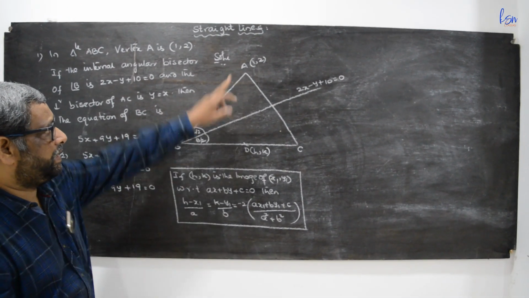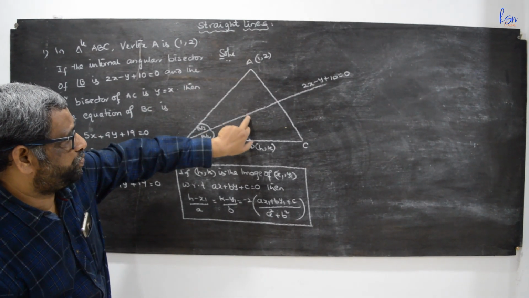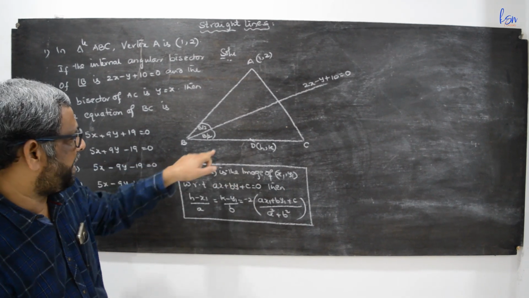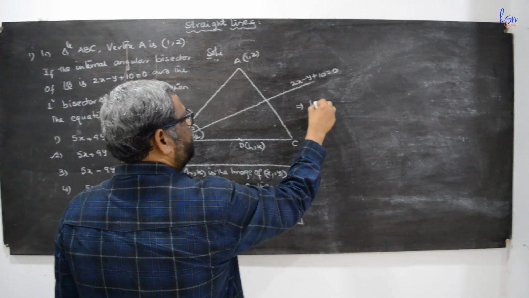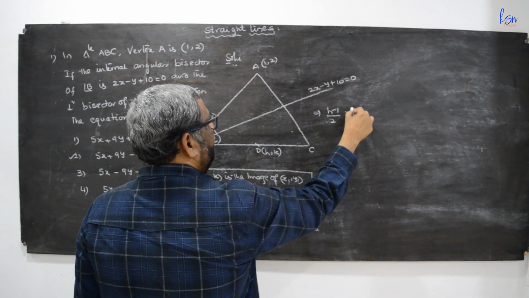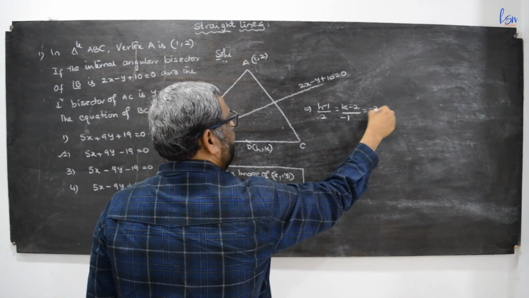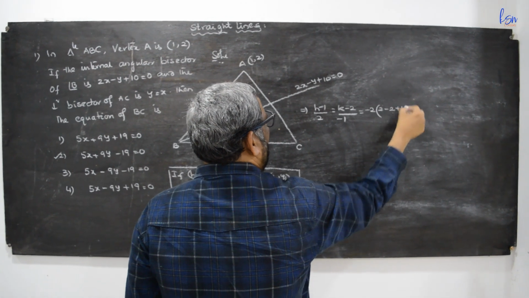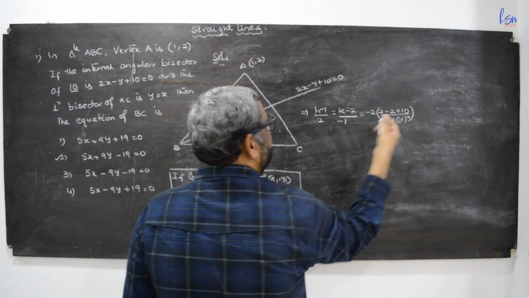Applying this formula here, the image of A with respect to 2x minus y plus 10 equal to 0 is D (h, k), which lies on BC. This implies (h minus 1) by 2 is equal to (k minus 2) by minus 1 is equal to minus 2 into (2 minus 2 plus 10) by (2 square plus minus 1 whole square).